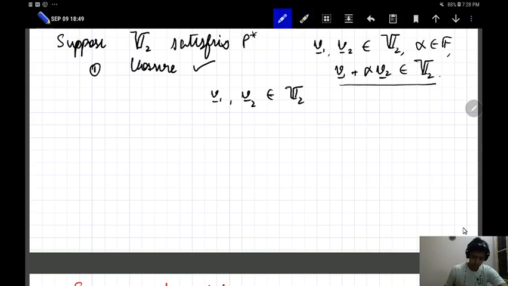Okay, so what all properties do we need to satisfy? We want to make sure that closure is satisfied, and then what else?